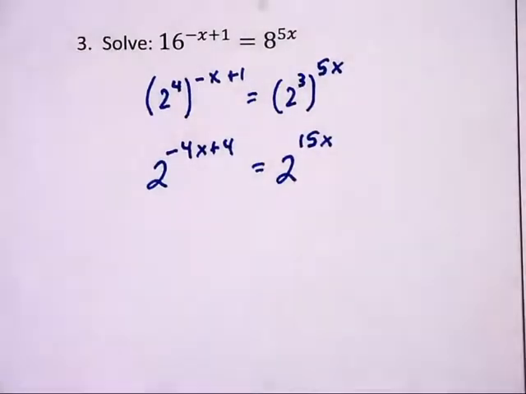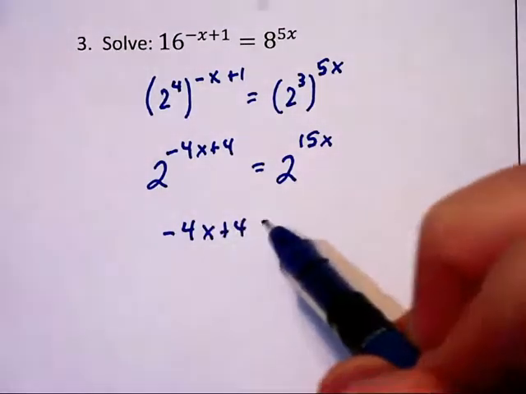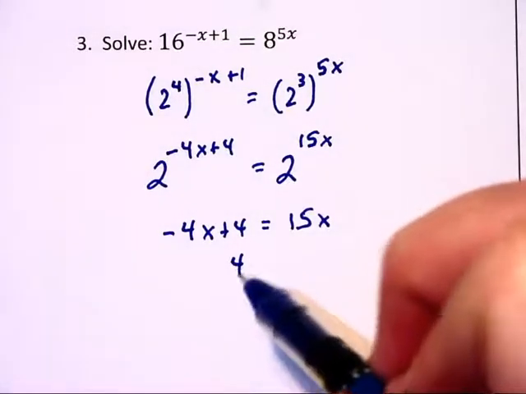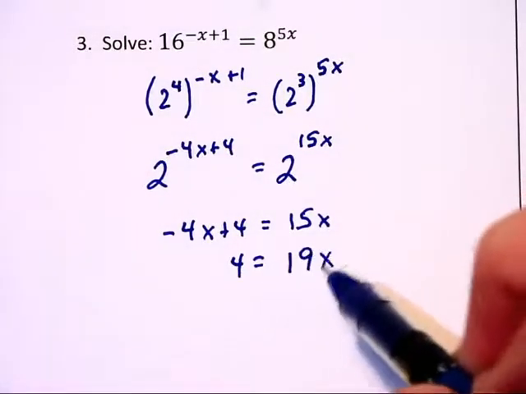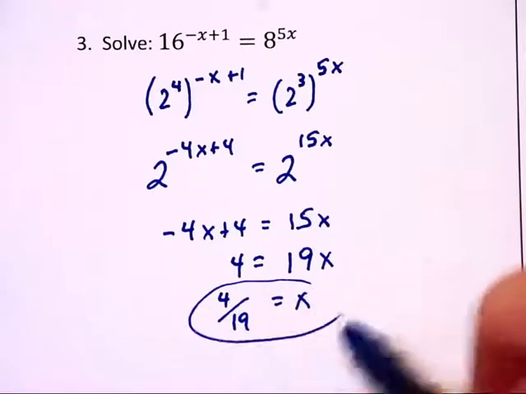If I take log base 2 of both sides, or essentially set the exponents equal to each other, we have negative 4x plus 4 is equal to 15x, and adding 4x to both sides, we have 4 is equal to 19x, and therefore x will equal 4/19.